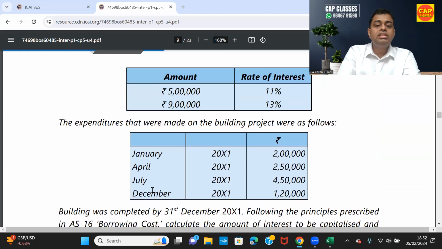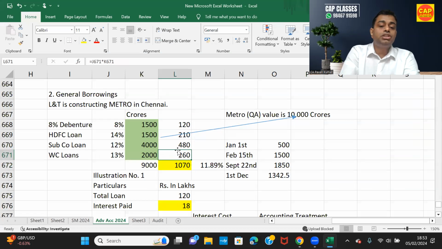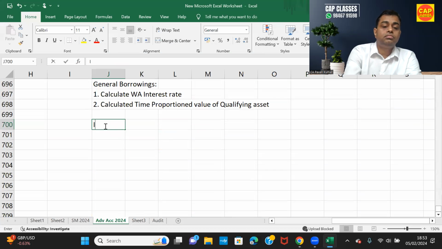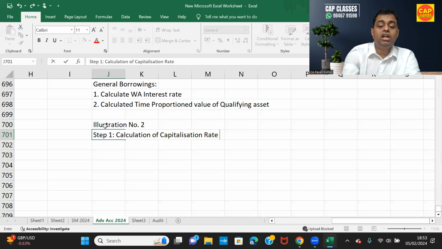Okay, now let us see. Step 1, calculate the weighted average interest cost capitalization rate. Can you calculate and tell me what is the weighted average capitalization rate? Step 1, calculation of capitalization rate. What is the capitalization rate? Weighted average interest rate.